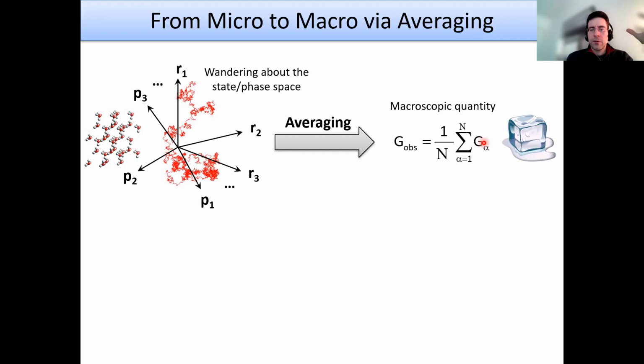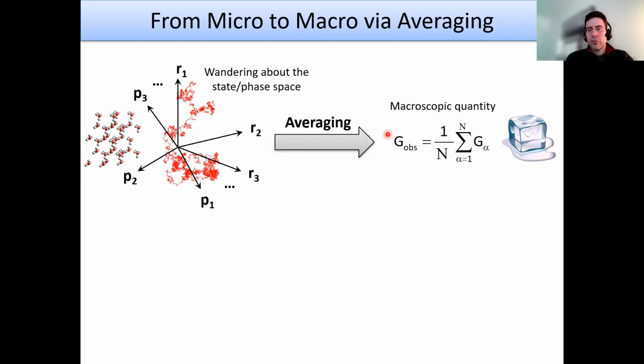The ensemble is basically a set of copies of the original system that may be initialized with different initial conditions and go around the state space as well. The bottom line is that this averaging operation can be written like that.